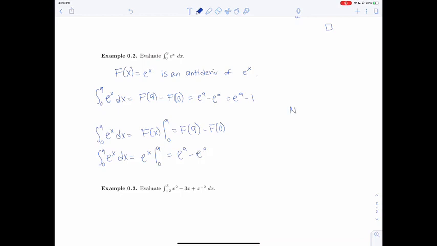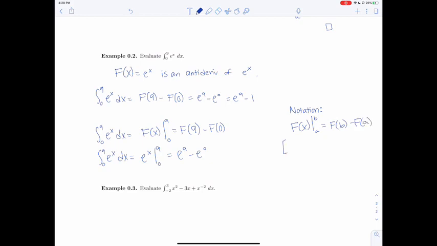So this is a notation thing that's really important because we're going to want to use it a lot. If I have some function and I have that vertical bar, that means evaluate this function at b and then subtract the function evaluated at a.